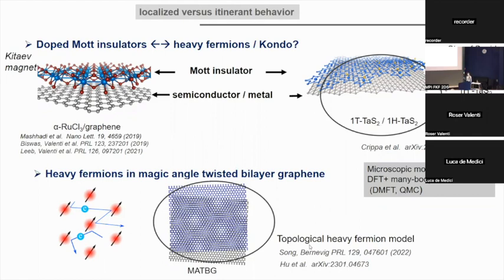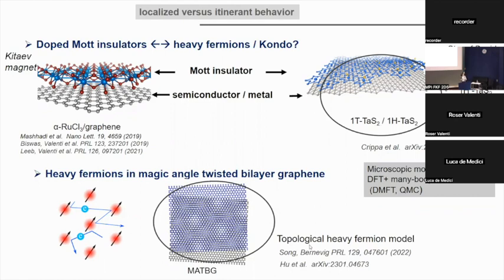There are very recent experiments where, by molecular beam epitaxy, they built heterostructures of 1T tantalum disulfide, where at a temperature of 300 Kelvin the system undergoes a charge density wave transition and forms the so-called Star of David, where 13 tantalum atoms distort in a Star of David fashion.